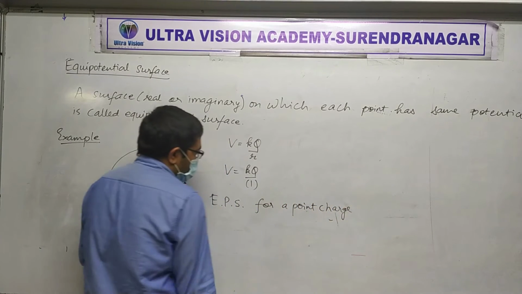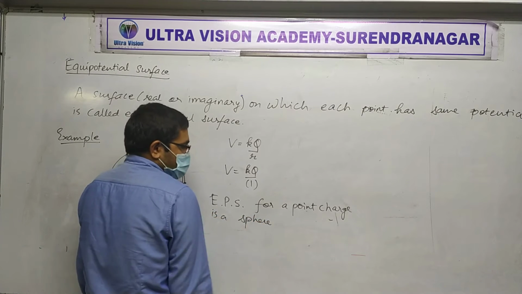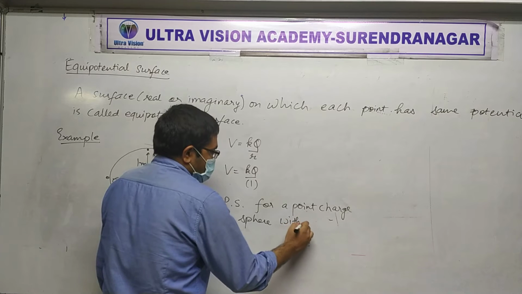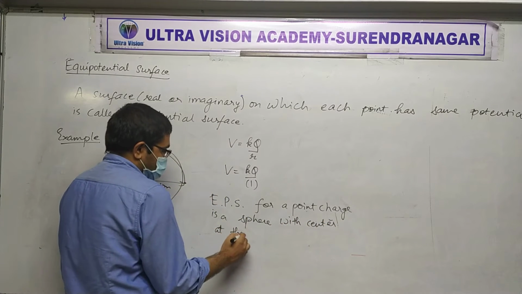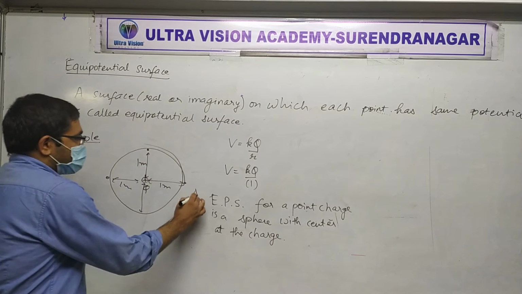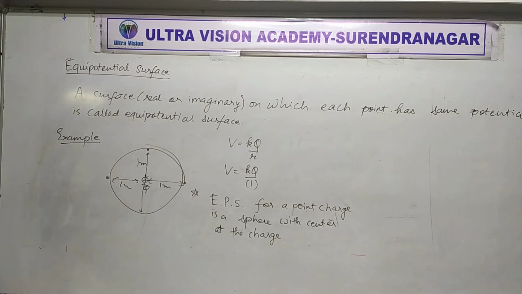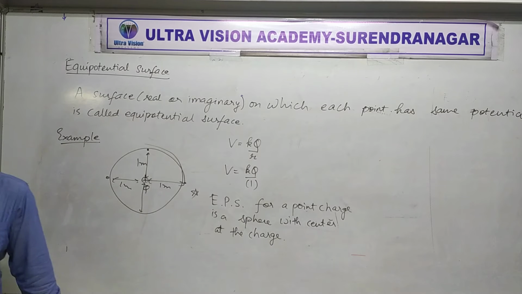Equipotential surface for a point charge is a sphere with center at the charge. Will you be able to remember this simple but useful sentence? They might ask you the shape of the equipotential surface for a point charge, and the answer will be it's a sphere.